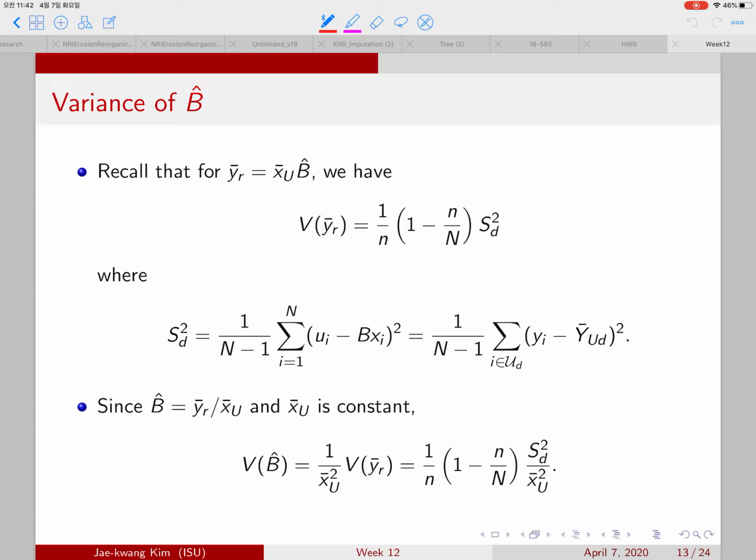Now let's discuss variance and variance estimation. Let's make use of the formula for the ratio estimator.